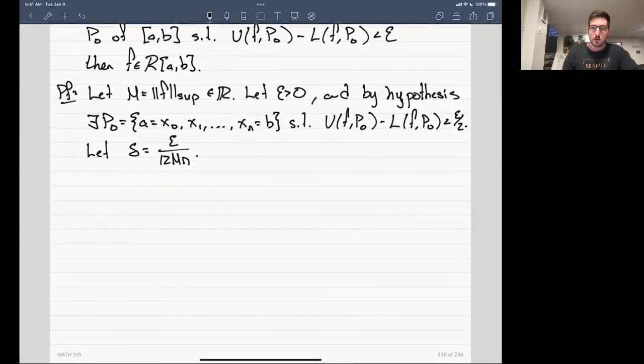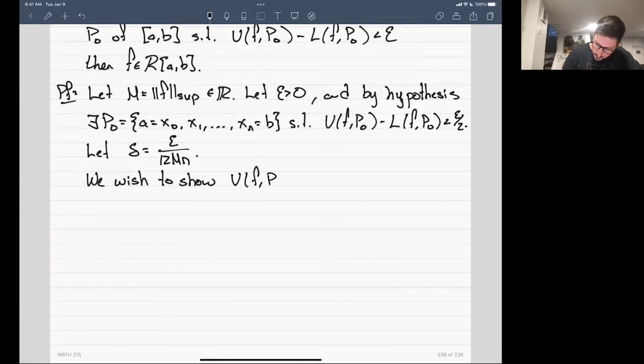Okay, so we wish to show, maybe it's nice to tell the reader what it is that we want to show. We wish to show that the upper sum of f with P minus the lower sum of f with P is less than epsilon when the mesh of the partition is less than delta.